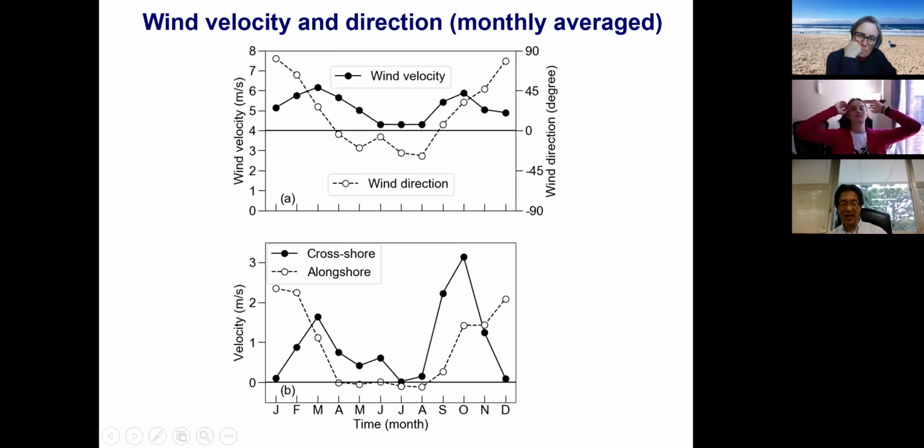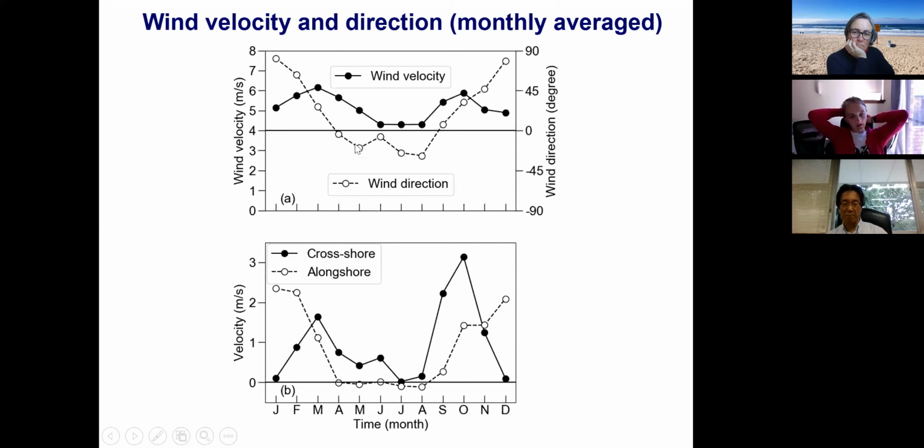This slide shows the monthly averaged values of the wind direction and wind velocity in the upper panel, and cross-shore and along-shore wind velocities in the lower panel.